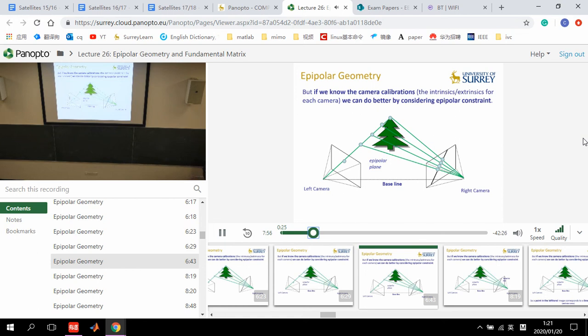The epipolar plane is intersecting the image plane of the camera in order to create the epipolar line. And the same is true the other way around as well. We could have viewed that point from the right-hand camera and considered all possible locations along the right-hand ray, and they would have traced out an epipolar line in the left-hand view.